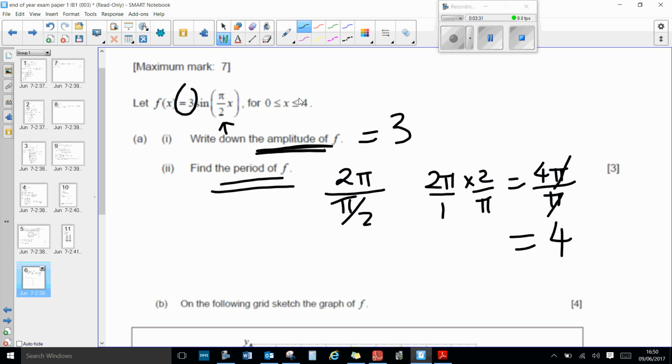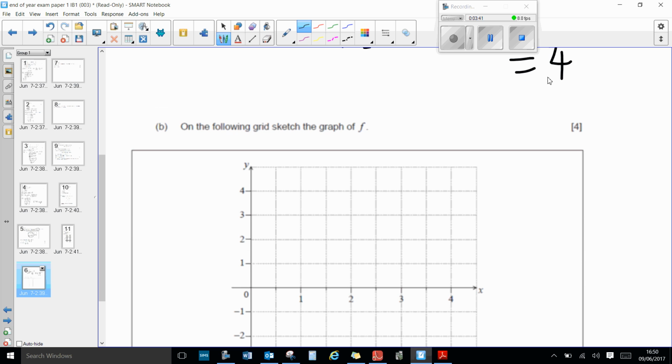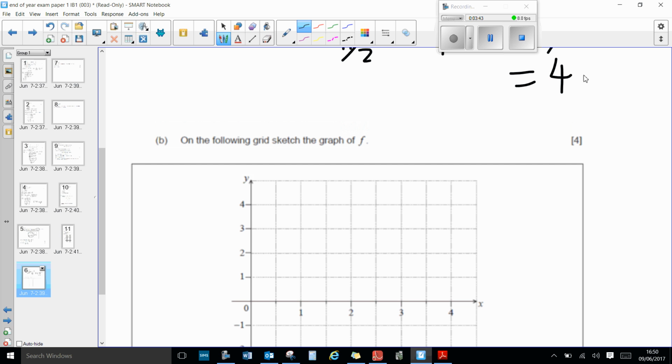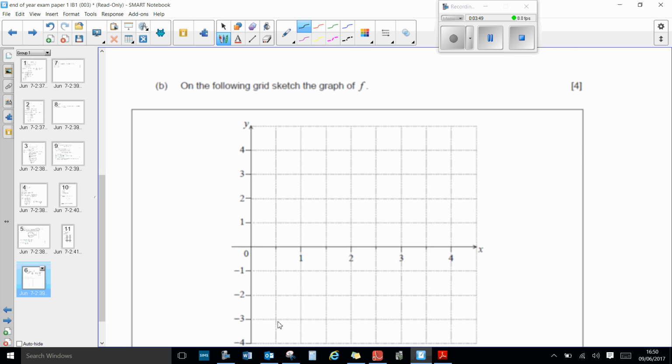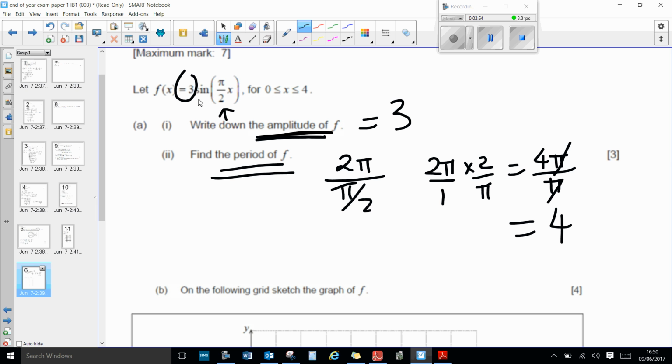Funnily enough, they also want to sketch it between 0 and 4, which makes sense. They've labelled these numbers 1, 2, 3, 4. So we know we're going to show one complete cycle because our period was 4. Our amplitude is 3, so our maximum value is going to be 3 and our minimum is going to be -3. It is a sine curve, so we know it starts at 0.